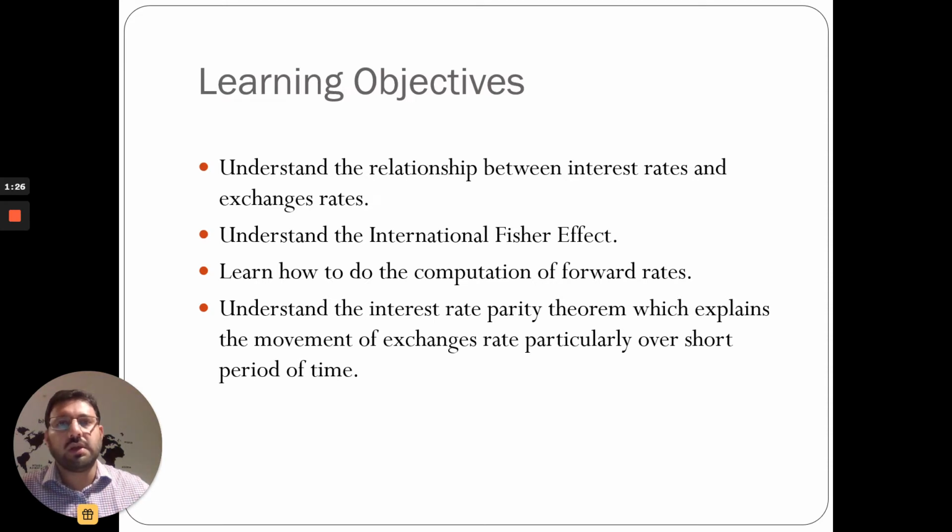Maybe in one country, people want to invest because of the better political scenario, there is less political risk, so they want to invest over there. So in doing so, there is a movement of the capital, and that can also affect the exchange rate. So on top of demand of the goods and services, the demand of capital or the investment can also affect the exchange rate.